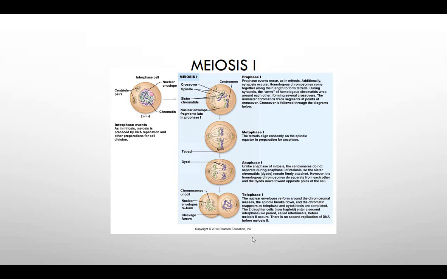So what we see here with meiosis 1 in prophase is the homologous pairs that are pairing with one another right here, and then we get this tetrad formation, which is basically they are homologous and they form together this tetrad. They're basically combining together, and we get what we call crossover right there, where we're swapping some of that genetic material.